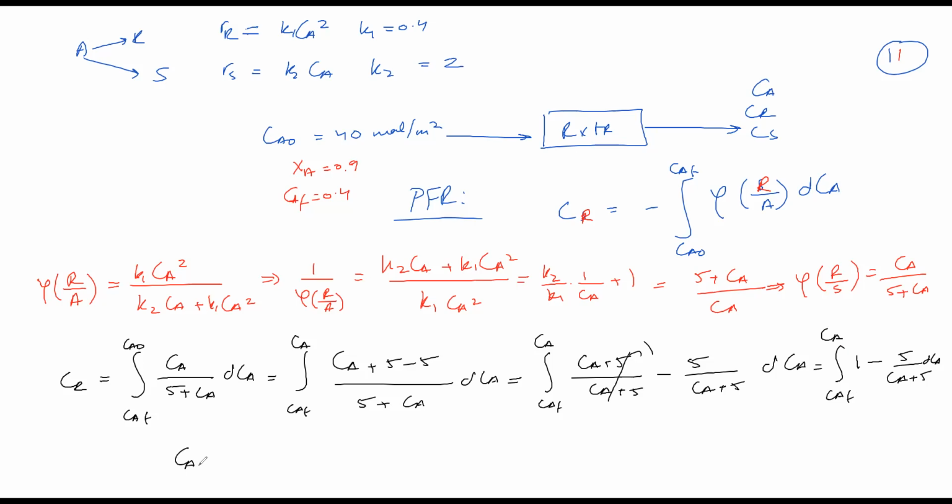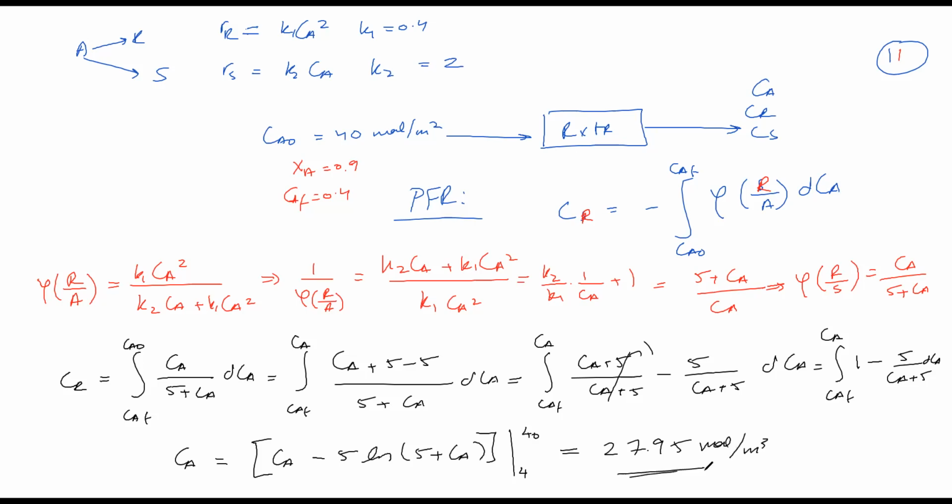If I integrate this expression, I get CA minus 5 ln of 5 plus CA, plugging in numbers from CAF to CA, so from 4 to 40. You do this calculation, and you should get CR equal to 27.95 moles per meter cubed. Learn the mathematical manipulations, know how to do it. This is going to show up.